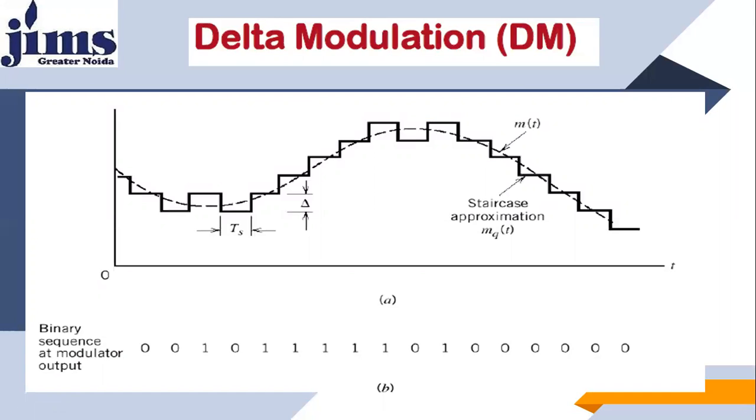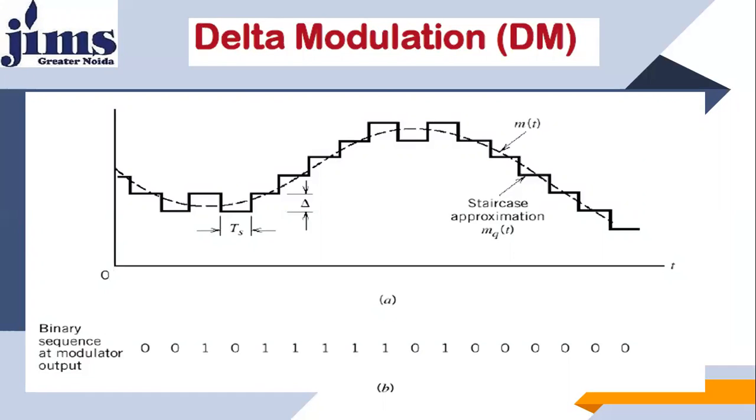The output of the modulator is 1 when the present sample voltage is more as compared to the previous voltage level, and simultaneously the modulator output is 0 when the present sample voltage is less as compared to the previous sample voltage. So 0 will be transmitted. In that way this delta modulator works, and this is the process in delta modulation, right?